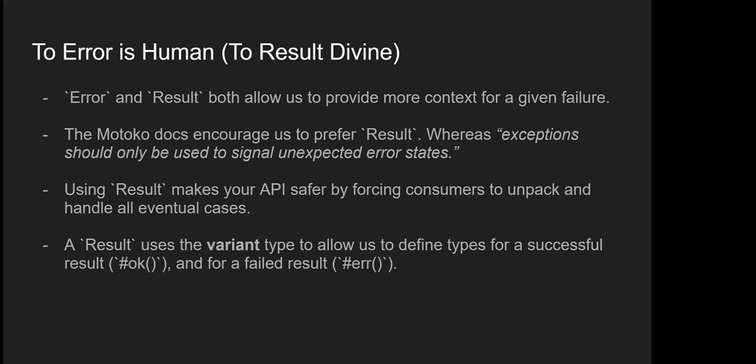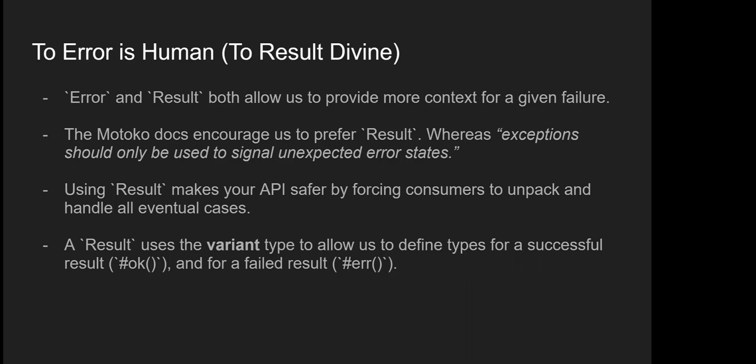So, a perk with the result type. Result is a module in the Motoko base library that relies on the variant type. As with option values, the Motoko programming language, as well as other programming languages like Rust, will force you to unpack all possible values of the result type.